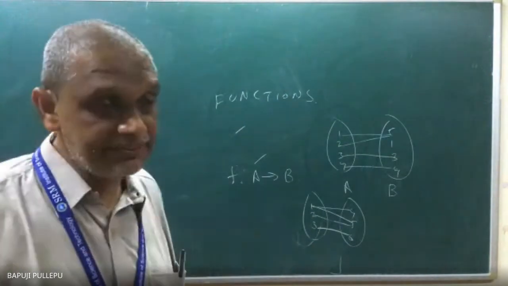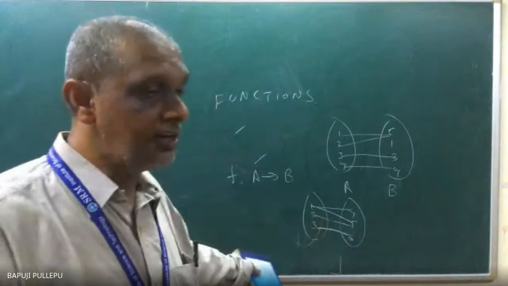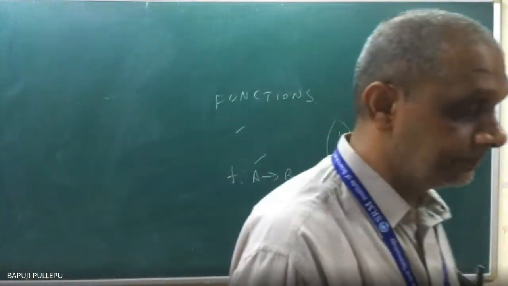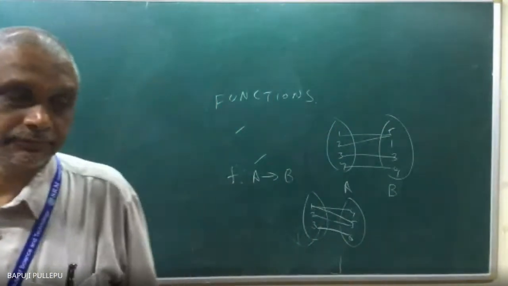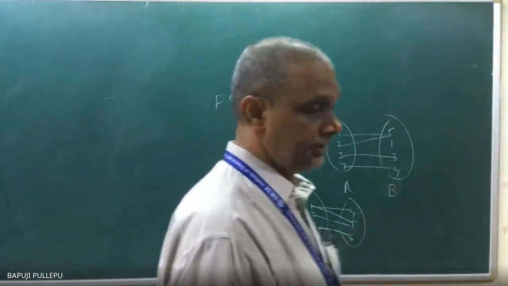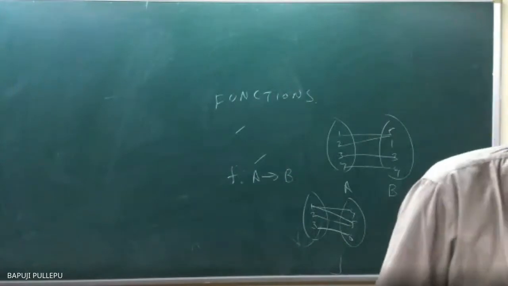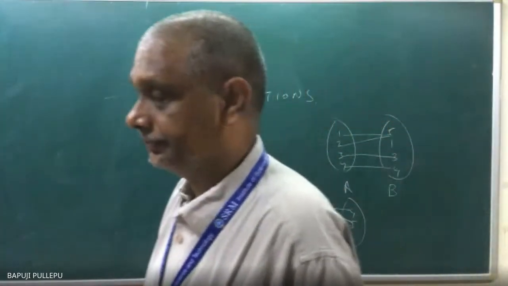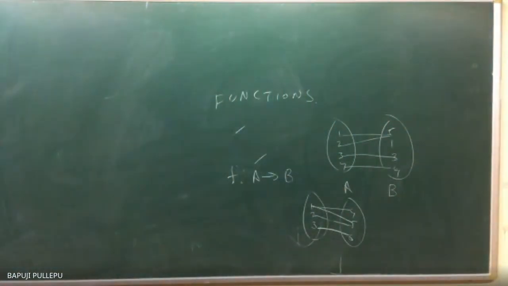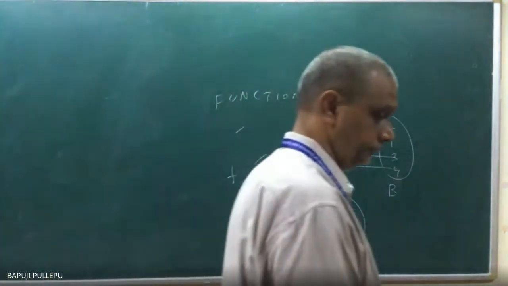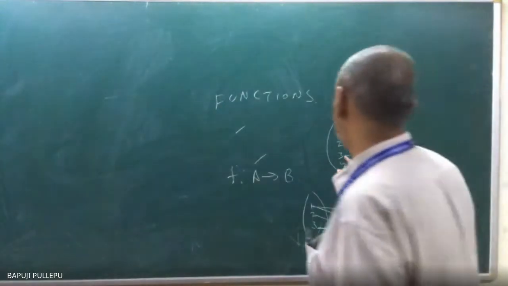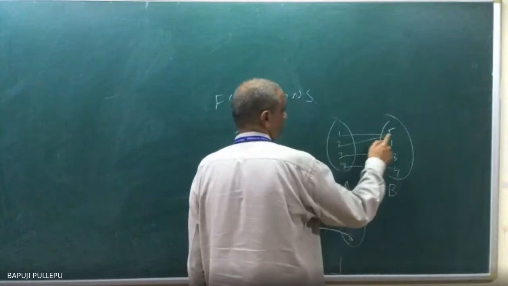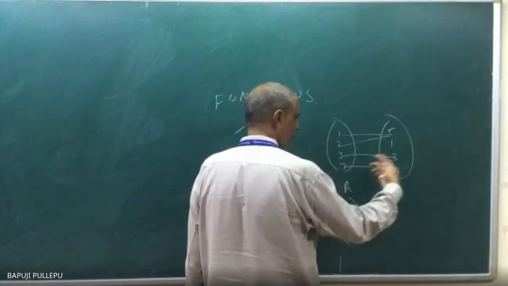Here you see, first of all, is it a function or not? The first is okay: 1 has the image 5, 2 has the image 5, 3 has 3, 4 has some image, by the rule I am following.